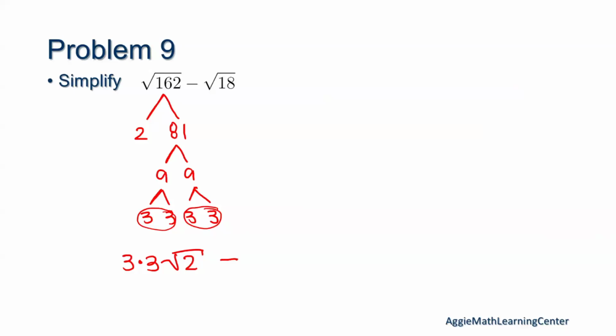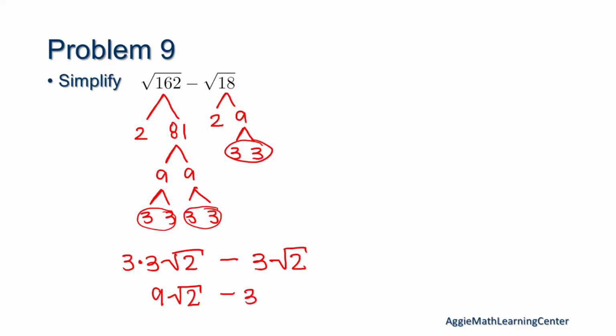Okay, and then I also have this 18. Let's do this one. This we can do into 2 and 9. And this breaks up into 3 and 3, and that's a pair. So I can pull that out, and then the 2 is by itself on the inside. Okay, so now I have 9 square roots of 2 minus 3 square roots of 2.